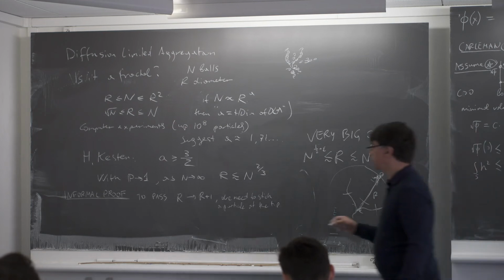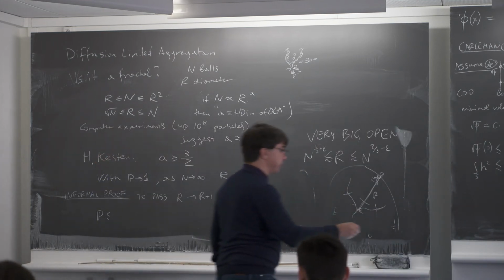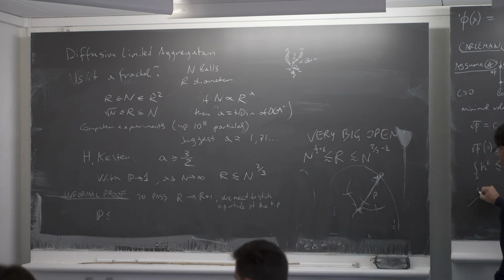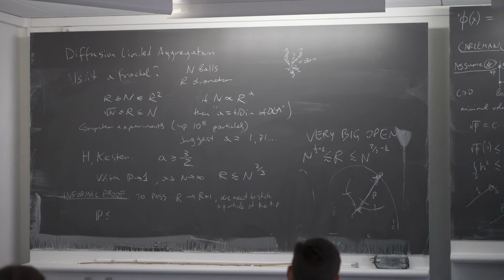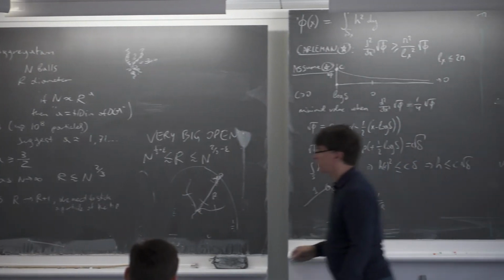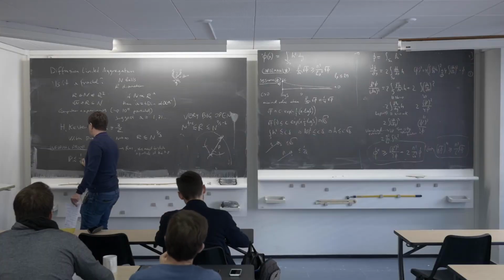What is the probability to do this? We said that if there was a size 1 and diameter delta, the probability was at most square root of delta. Now we have size r, diameter 1, so probability is no more than 1 over square root of r, just rescaling. Probability is at most 1 over square root of r.